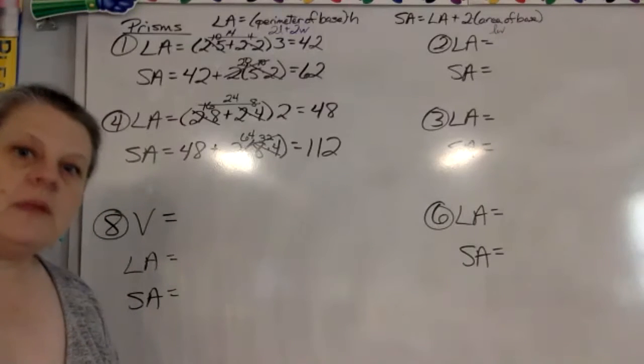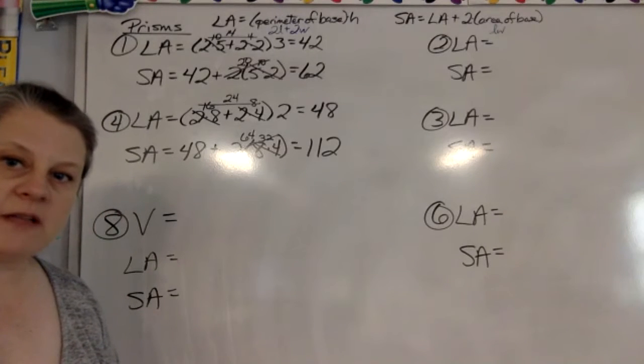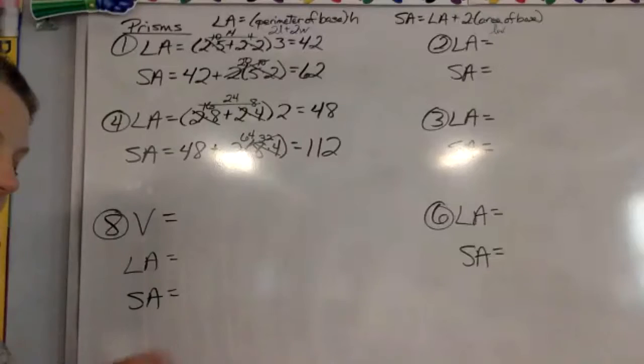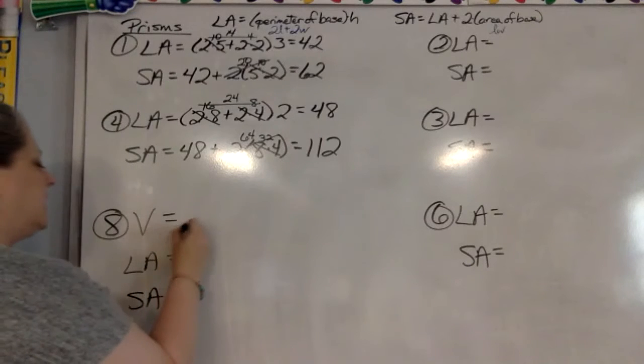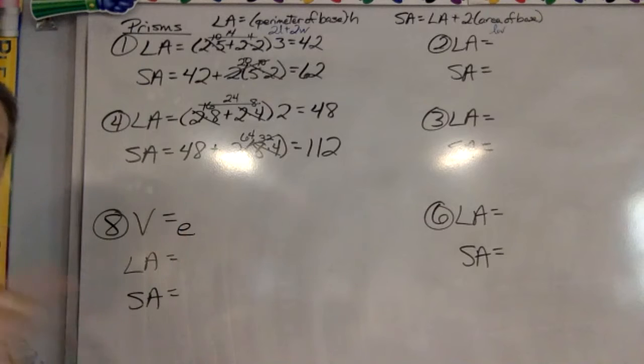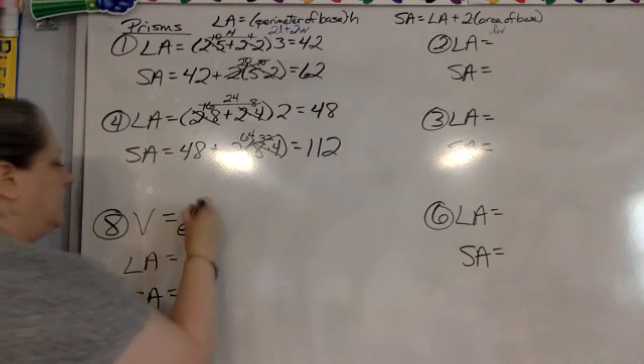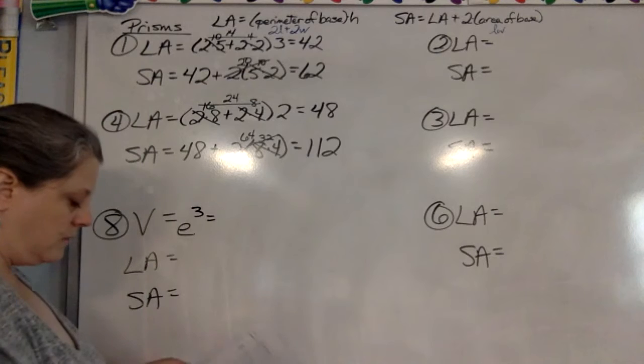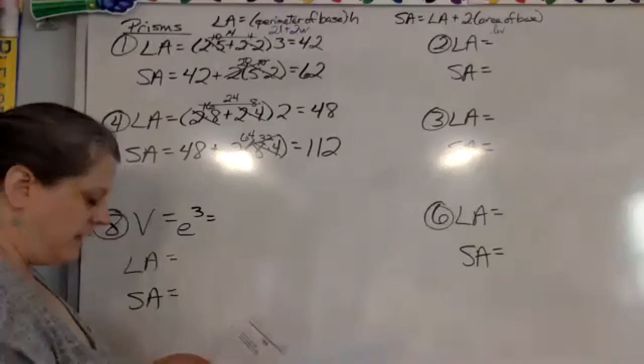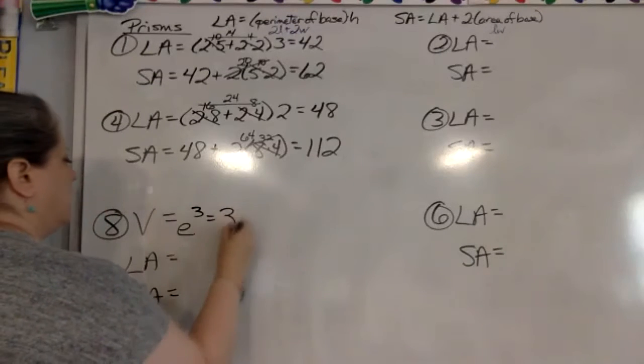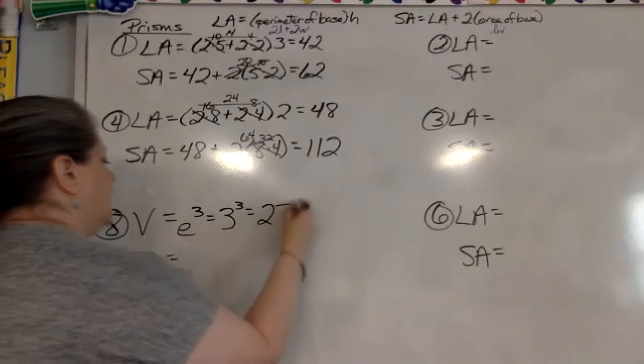Remember, your volume is length times width times height for the rectangular prism. But on here, they're all the same length. So you could say it's just the length of an edge. Remember, that's what the little sides are called, edges. Okay, the length of the edge cubed. So it was 3. So 3 cubed is 27.